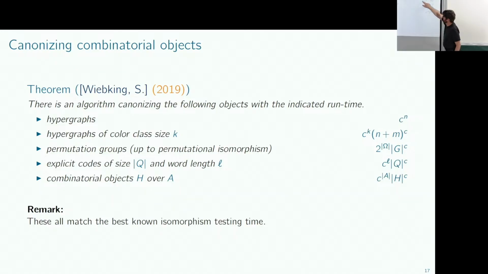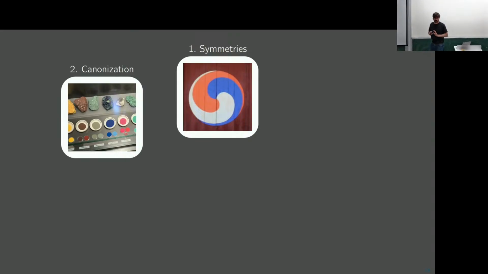For hypergraphs of a certain color class, you can do it for permutation groups, codes, combinatorial objects, and so forth. You should take away that usually the best canonical labeling algorithm matches the best isomorphism algorithm. And as I said, if you want to talk about this, we can do this offline. All right, that's it for canonization. And I think it's important to understand that this is how often these tools are used in practice.